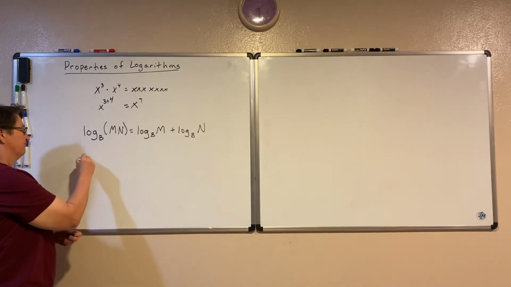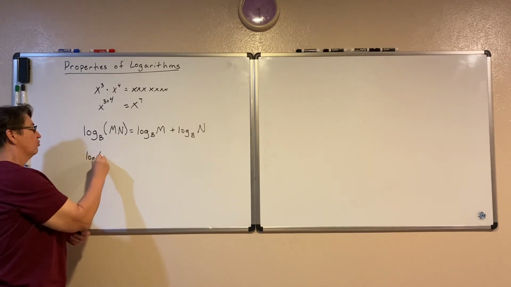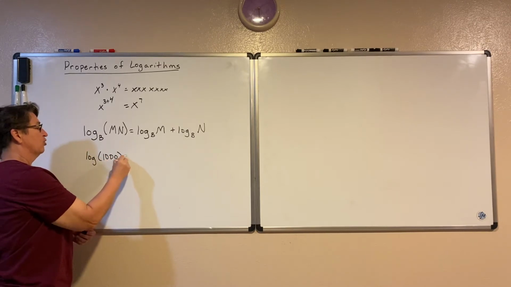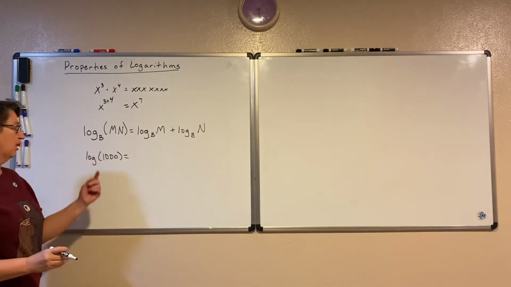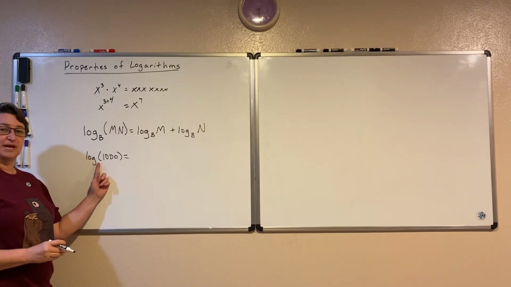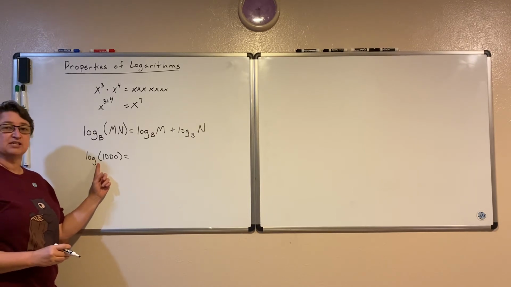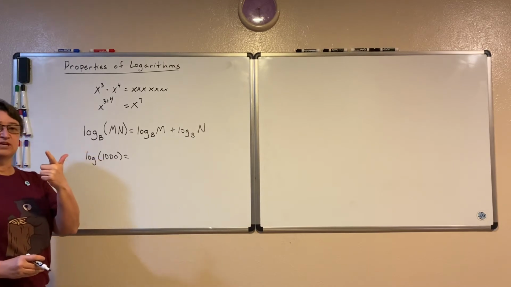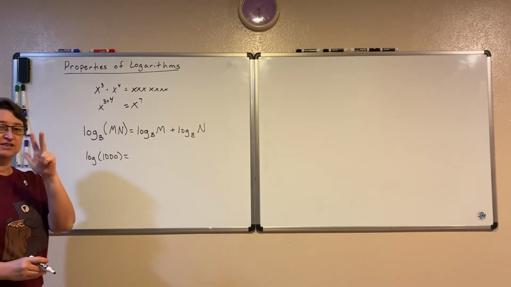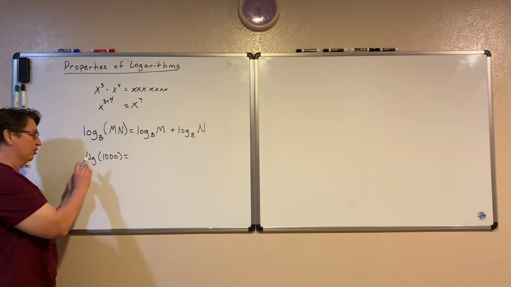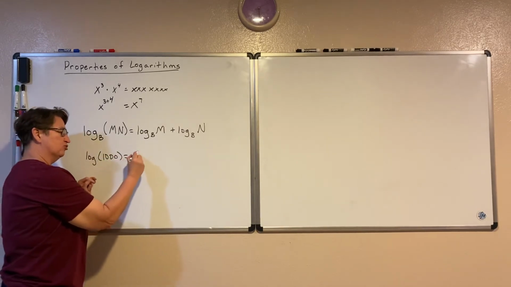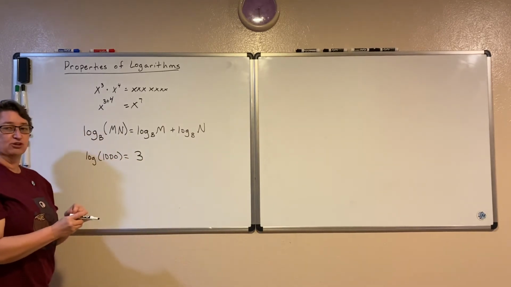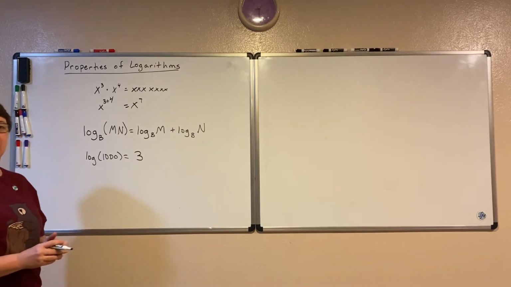For instance, if I have log of 1,000, we know from evaluating logs that we have an understood base 10 here, and we're asking 10 to what power gives us 1,000. Well, 10 times 10 is 100, times another 10 is 1,000, so it's 10 to the third power. This is just equal to that exponent of 3. 10 to the third power equals 1,000.